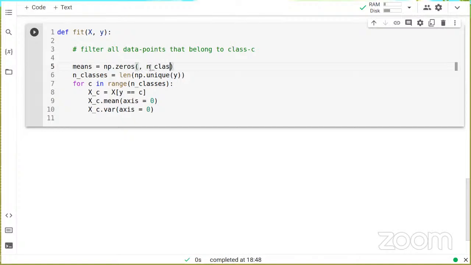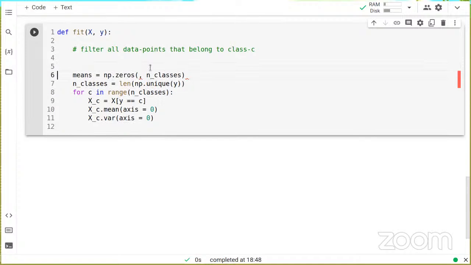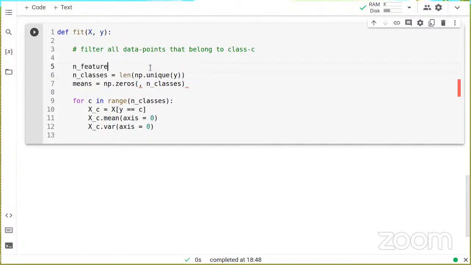It'll have some number of classes here. Now, I need the number of features. How do I get the number of features? x.shape and index 1. So x.shape[1] is the number of features.